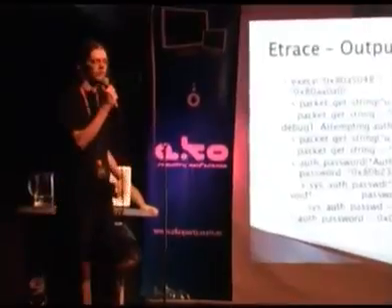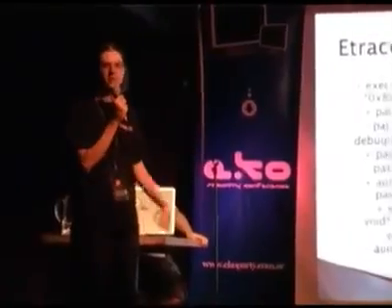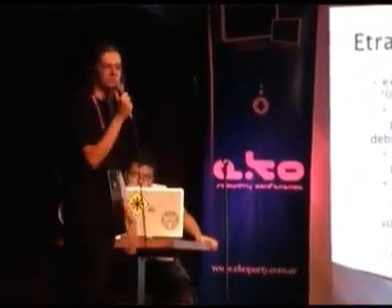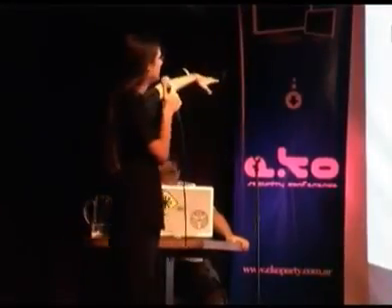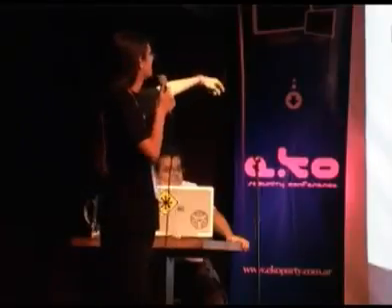So, when we run this new binary, the SSHD2, this is the output. It's going to start running the original binary, the SSH daemon, and tracing the functions. Here we can see that the functions that we told the tracer to trace are being printed on the screen, like packet get string, auth password, and a little bit further down, sys auth password, and we can see the values being passed during the execution of the program.